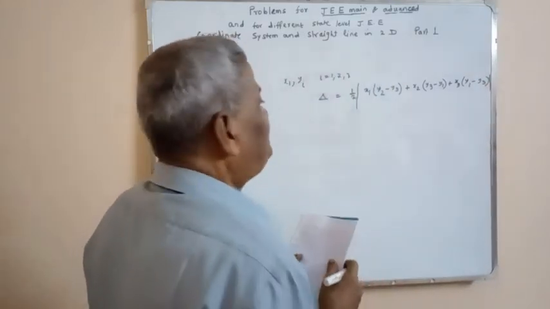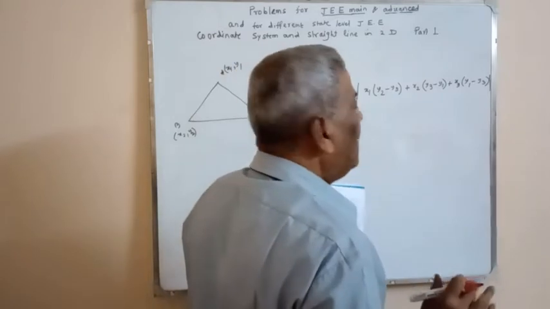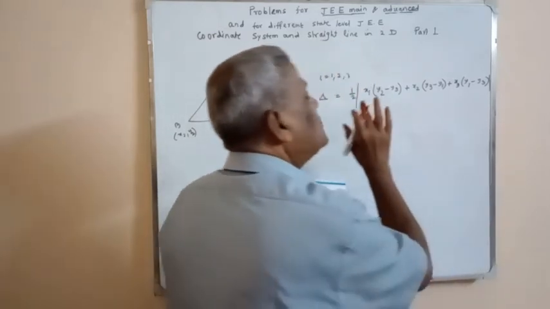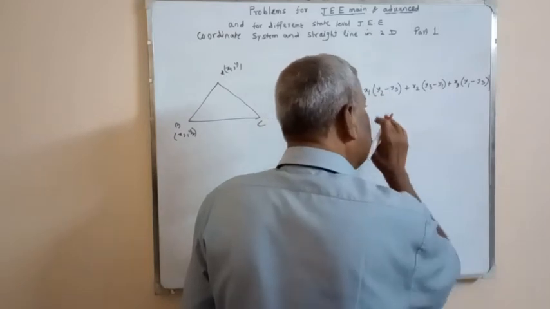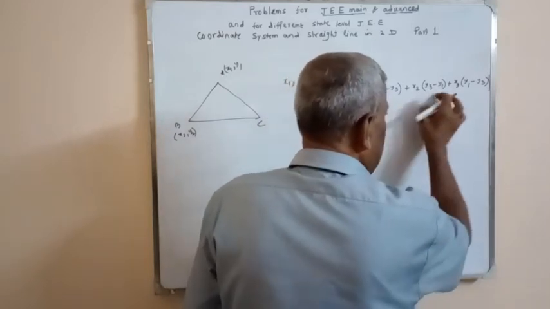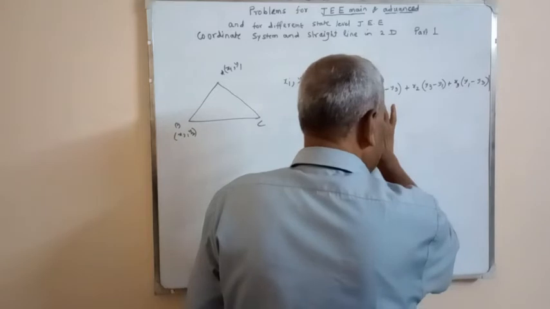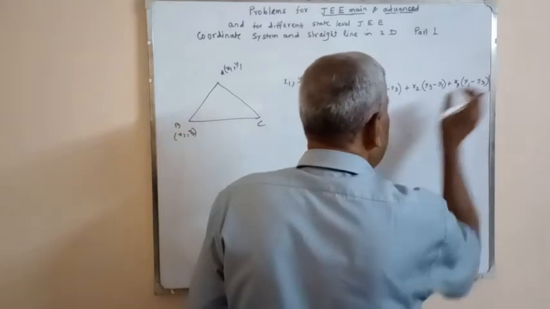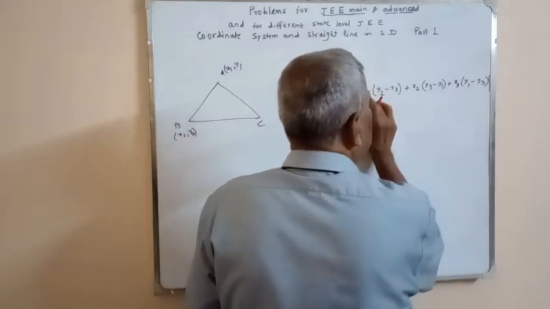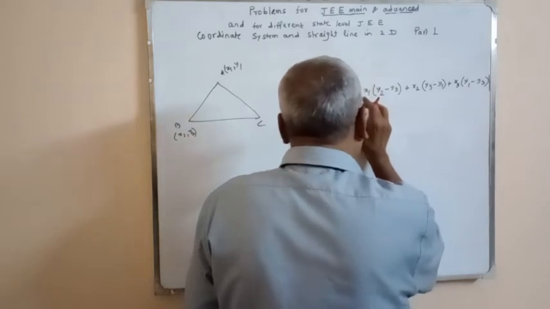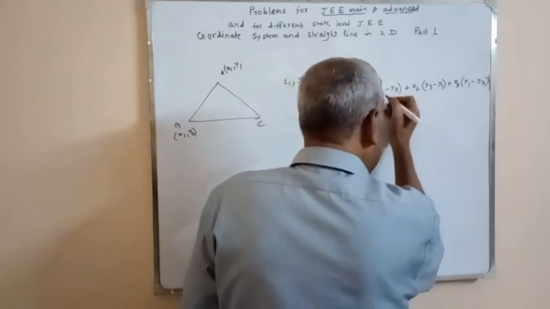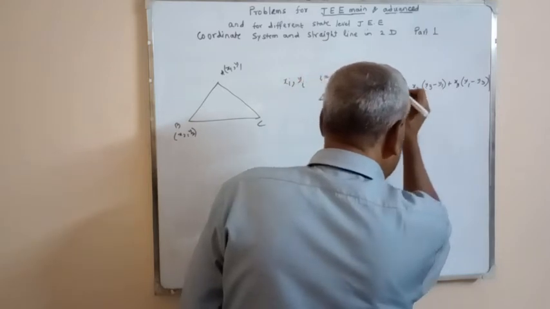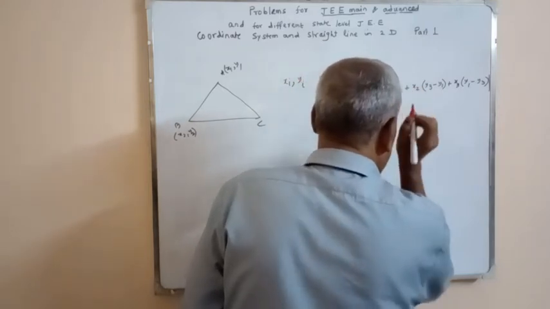But actually, it is a formula you can keep in mind, and it is a very simple formula because in every case there are two factors. Three terms are there, two factors in every term. First one is the x coordinate of A, that is x1 into y2 minus y3, 1, 2, 3.